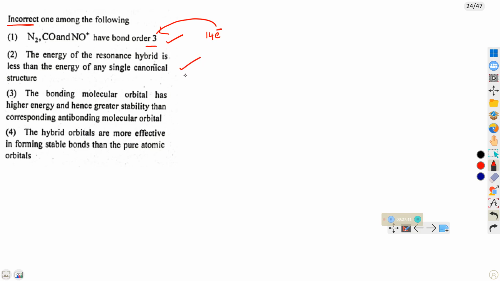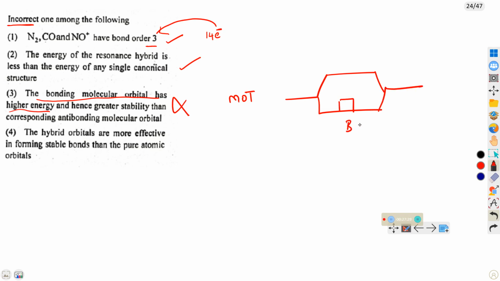This is also correct. The bonding molecular orbital has higher energy. No. According to molecular orbital theory, bonding orbital electrons energy is low compared with the anti-bonding orbital electrons. So incorrect statement, third statement.